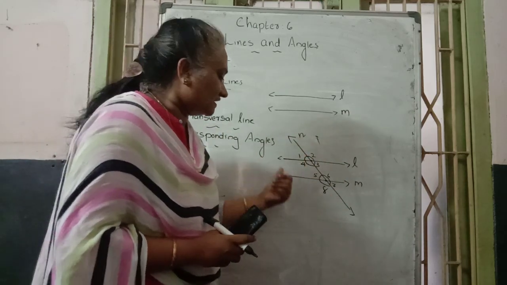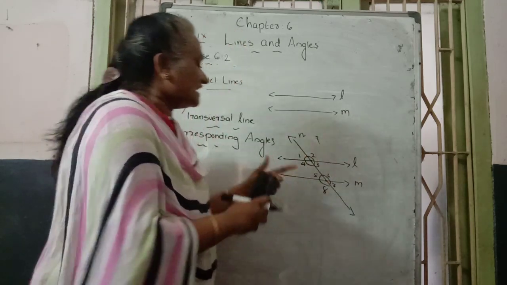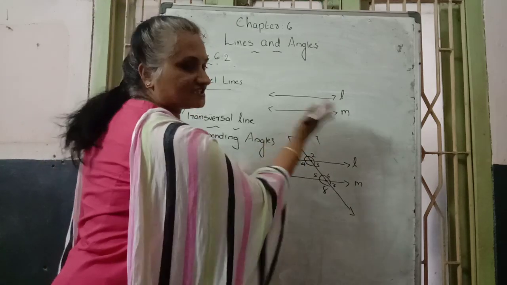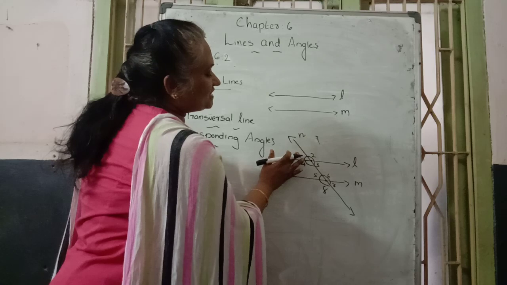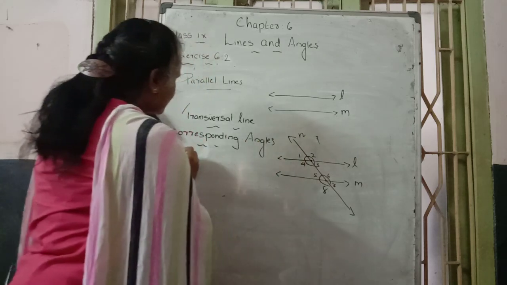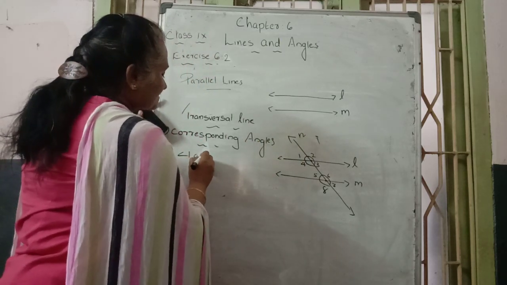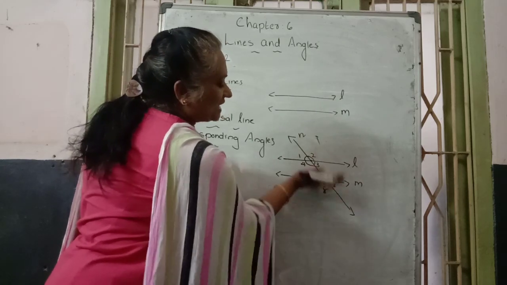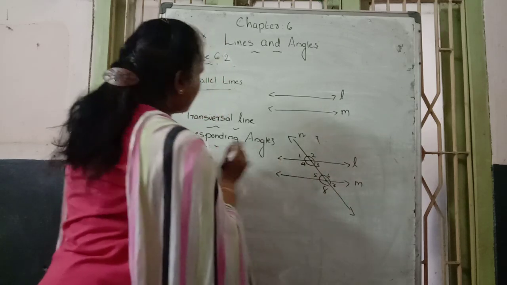In this diagram, on line L I first consider the left side, afterwards the right side. The left side top angle I consider is angle 1, which corresponds to the top angle on line M, the left side, angle 5.